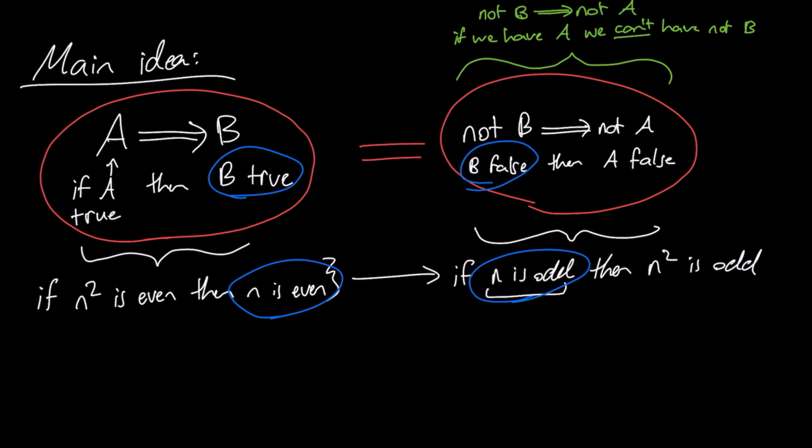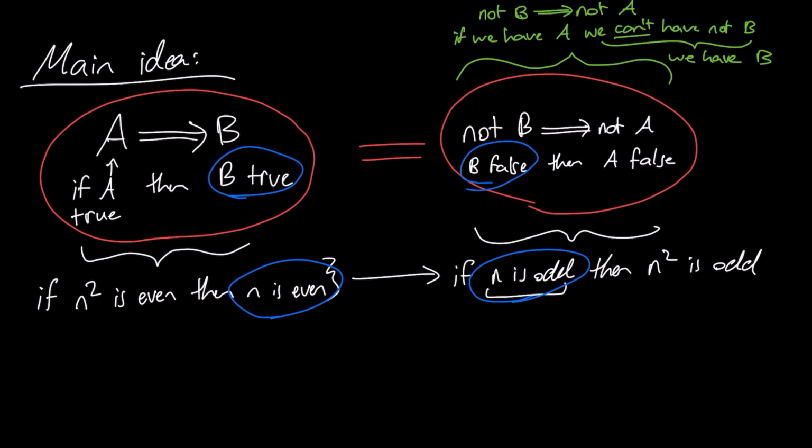So if we have A, we can't have not B. Kind of a double negative there. And the trick is that can't have not B is the same as we have B. So B is true.